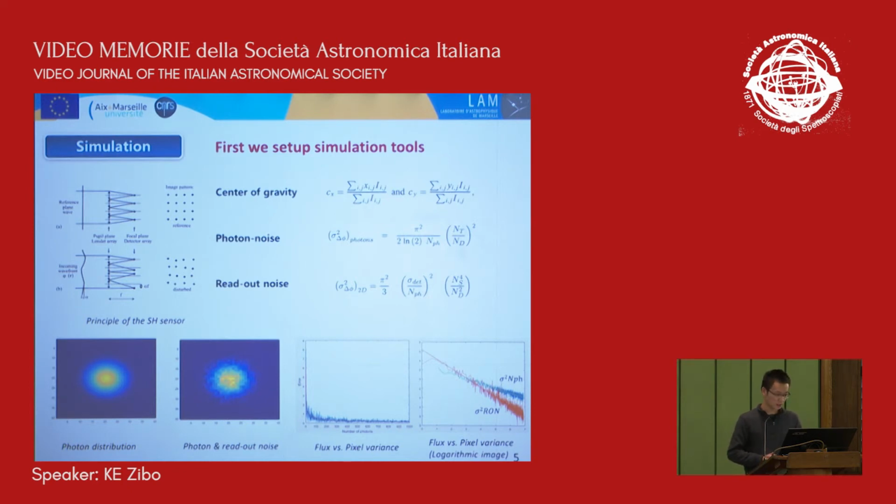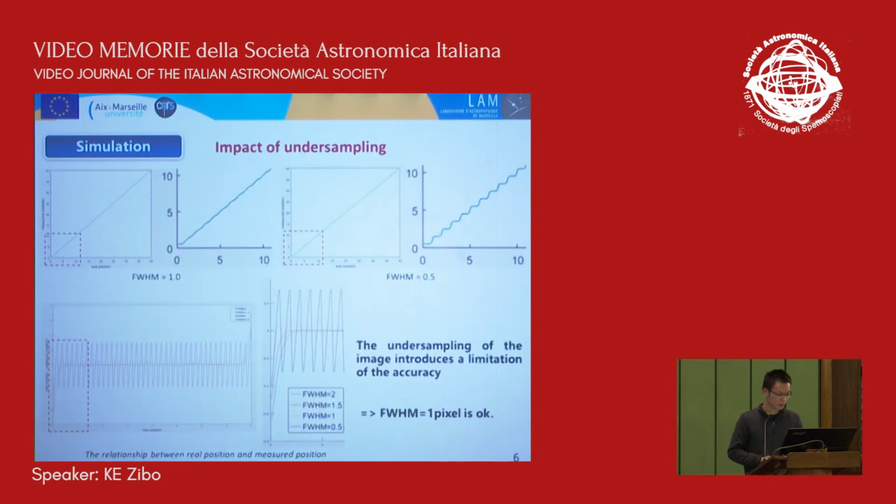And we also test the relationship between the flux and the pixel variance. We also test the impact of the undersampling. We measure the size of the sampling spot. We can see this image. If we enlarge it, if the full width at half maximum is below 1, the undersampling will occur.